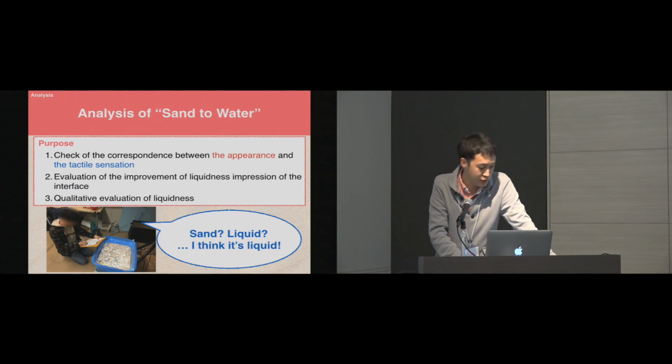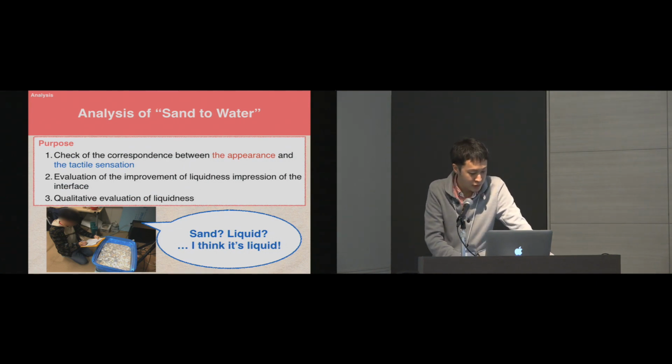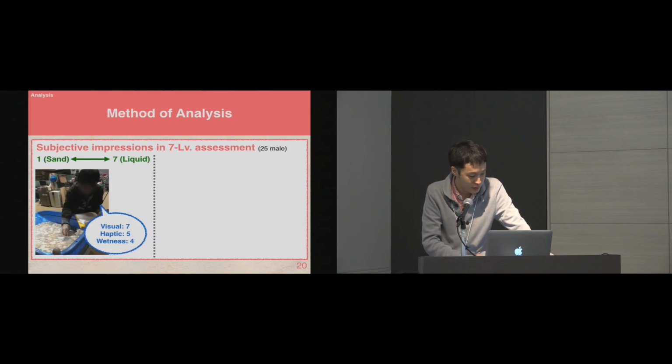We conducted a user analysis in order to check the correspondence between the appearance and tactile sensation and verify whether our method could make the interface more visually liquid. We also evaluated qualitatively the definition of liquidness. Subjects evaluated the tactile sensation and the appearance of the interface and responded with their subjective impressions in a 7-level assessment based on the semantic differential technique.